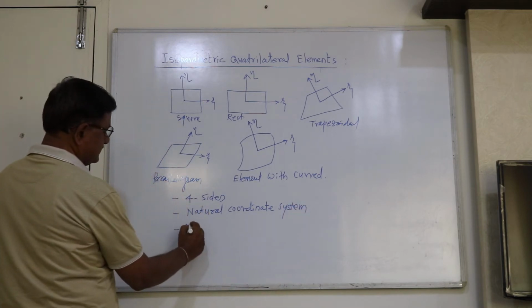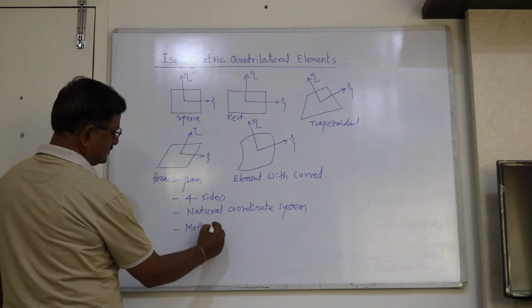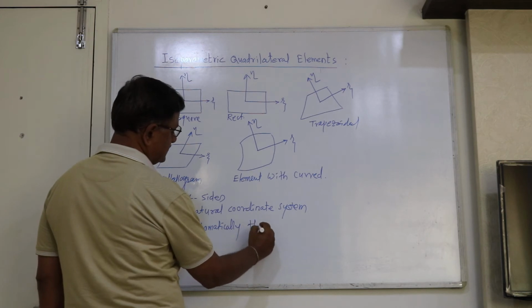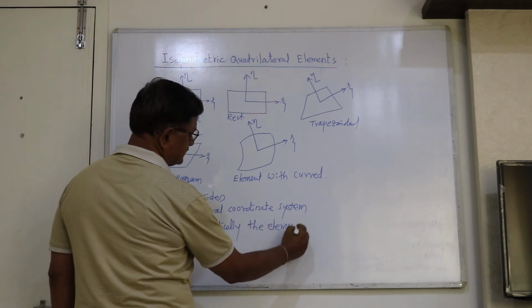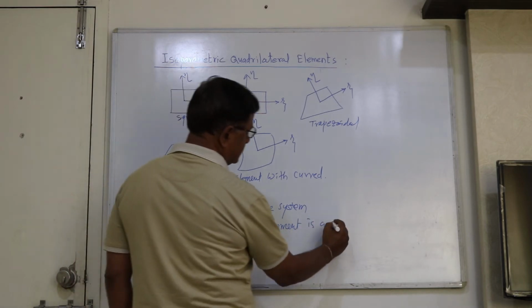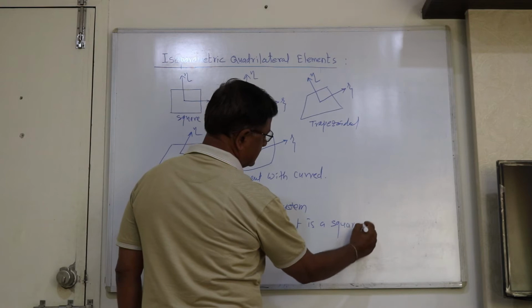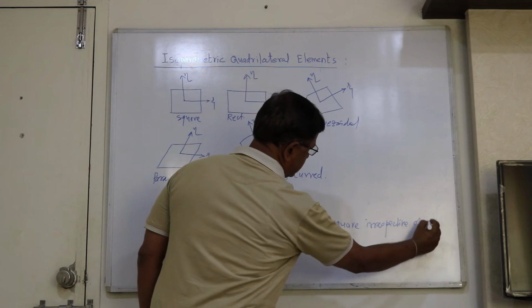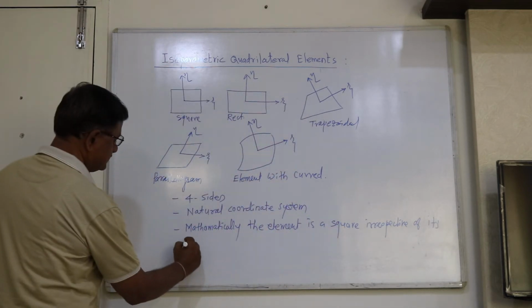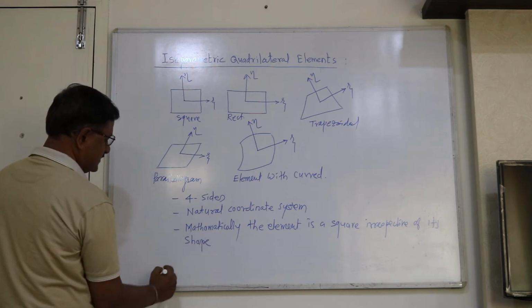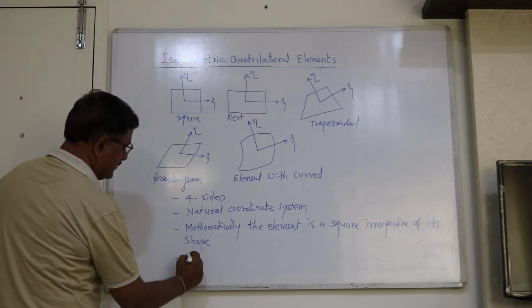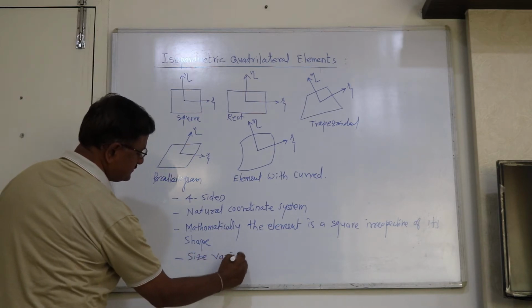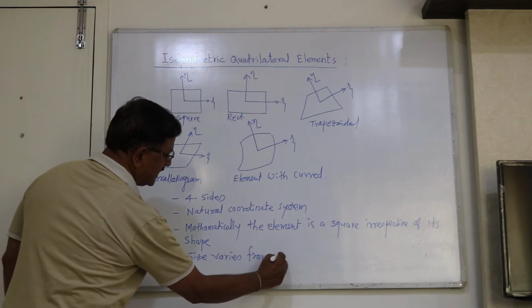Mathematically, the element is a square element, irrespective of its shape and size, with values varying from -1 to +1.